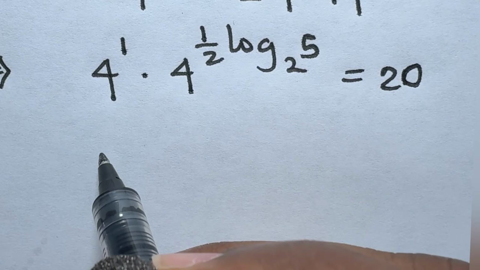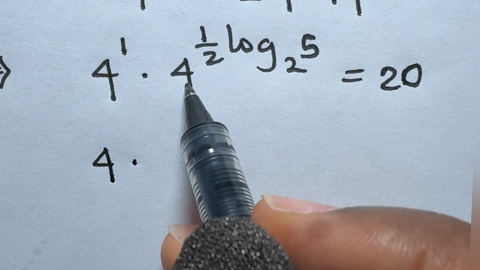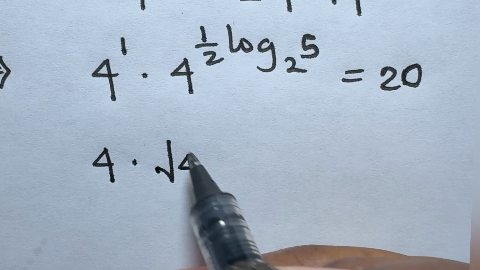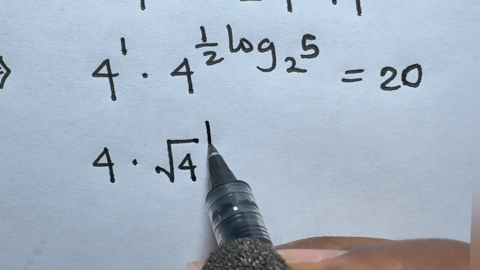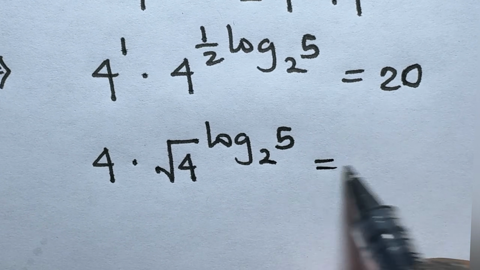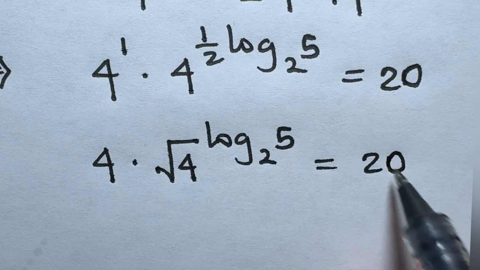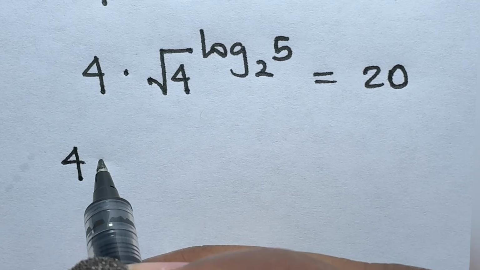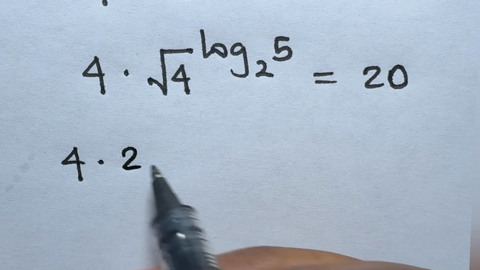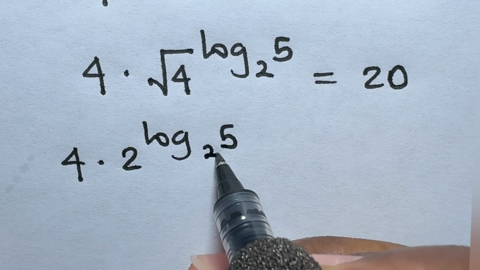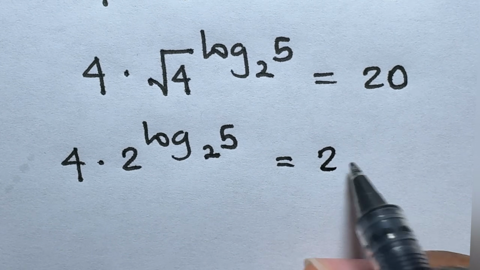4 raised to power 1 is 4. 4 raised to power 1 over 2 will give us square root of 4, then raised to power log 5 base 2 to give us 20, giving us 4 times, square root of 4 is 2, so 2 raised to power log 5 base 2 to give us 20.